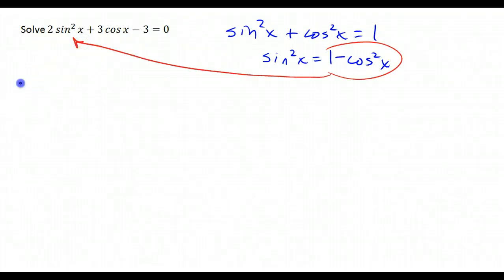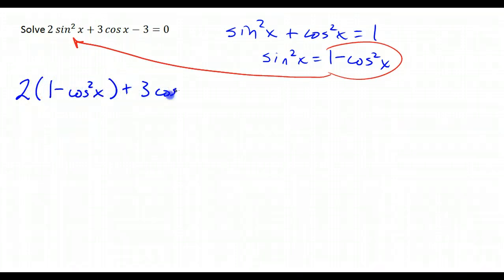So let's see what we get. 2 times 1 minus cosine squared x plus 3 cosine x minus 3 equals 0. And now everything is in terms of one trig function, which is what we like to have.